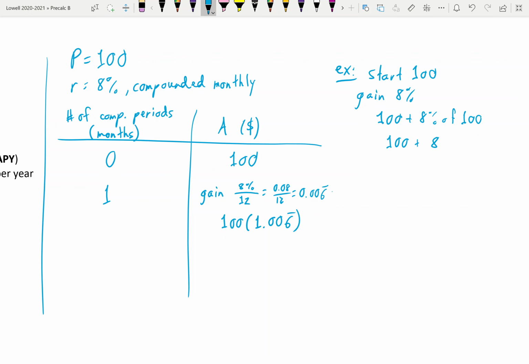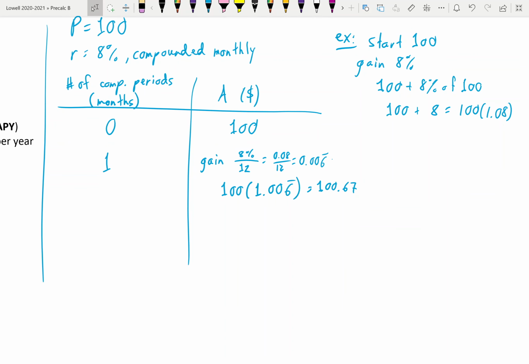But another way to get this is to write it as 100 times 1.08. So that's how you write out a percentage gain by multiplying. Alrighty. If I was to actually calculate this, this will come out to $100.67 after rounding. Okay, so that's after 1 month.